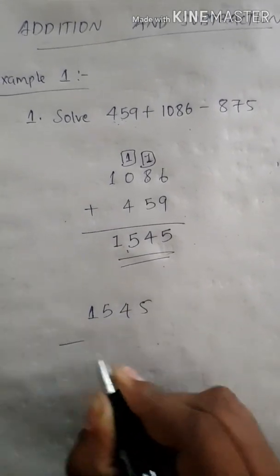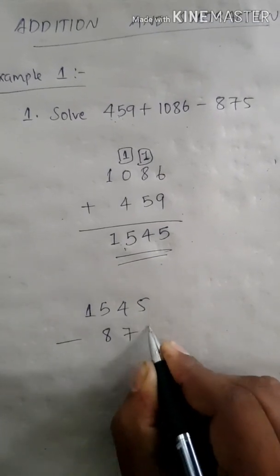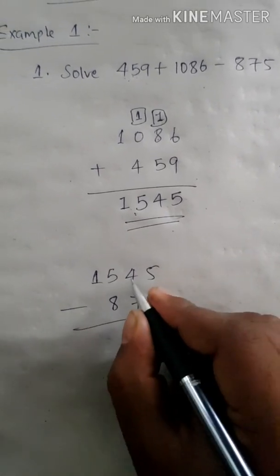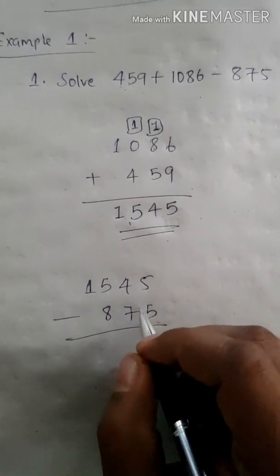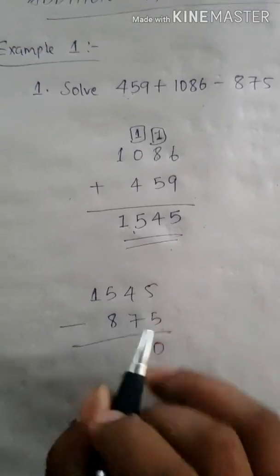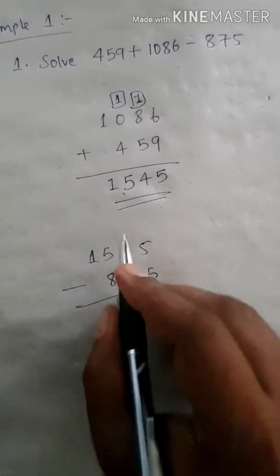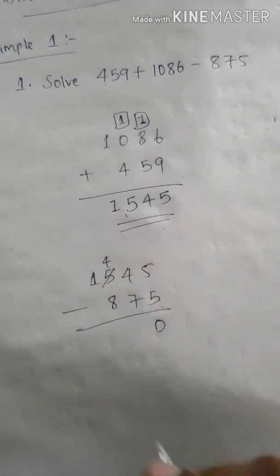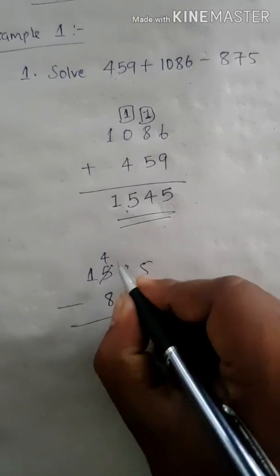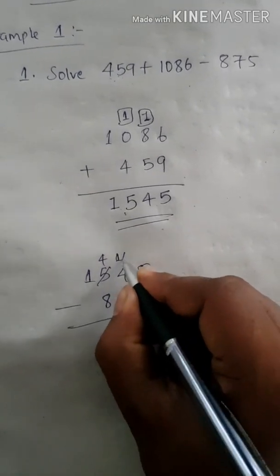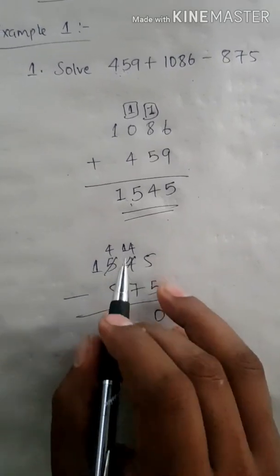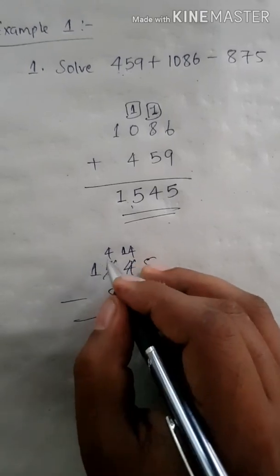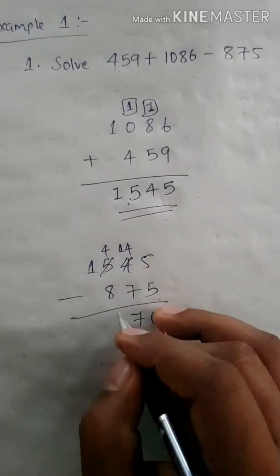So let us subtract 1545 minus 875. So ones column first. 5 minus 5 is 0. 4 minus 7 is there in the tens column. You know that you cannot subtract 7 from 4. So let us cut and take 1 from the hundreds column. So this number will become 4 and that 1 will move to the tens column. So this number is 14 now. 14 minus 7, 7. So next hundreds column, 4 minus 8 is there.